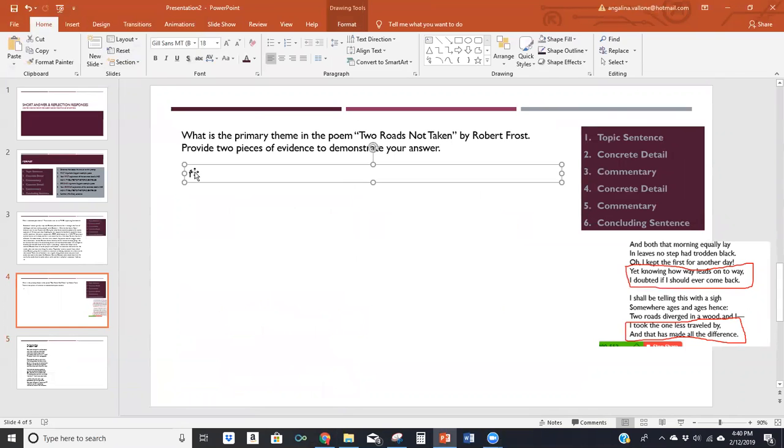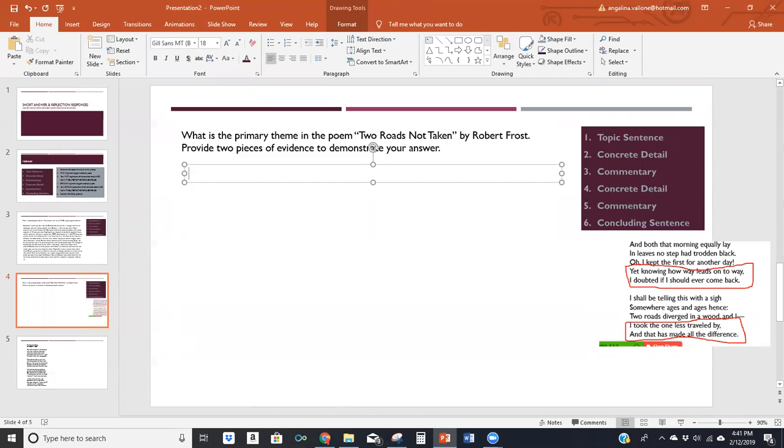So going through here, I have my evidence. I went into the poem that they asked me to, if I was a student. I have my evidence picked. I've got my theme picked, and now I've got to write about it. So the first thing is to write your topic sentence. And if you remember back to the first slide, the topic sentence is just the answer to your prompt. But remember, you should use some of your prompt in your answer.